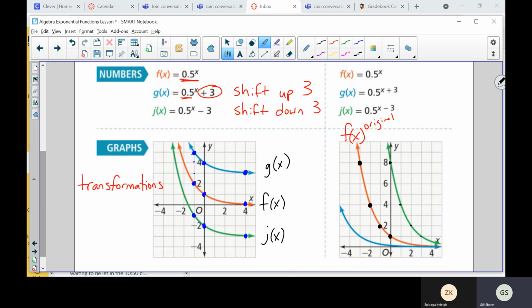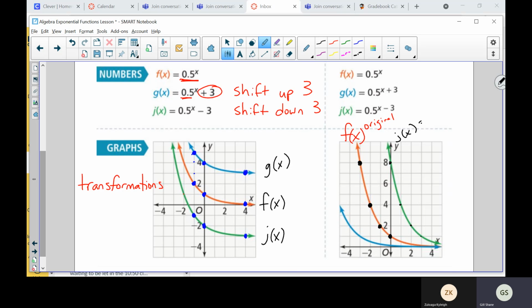It's just now notice though, this green line is this line here. That's the j of x line. So to the right actually means we're subtracting 3.